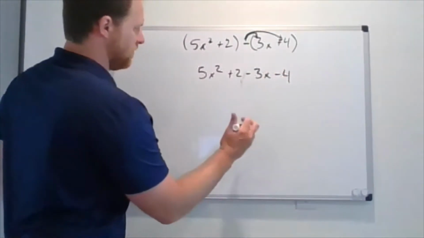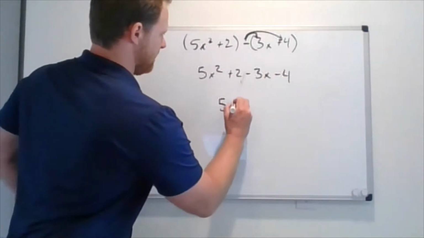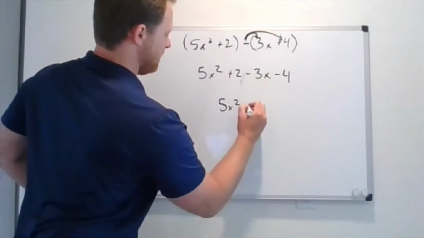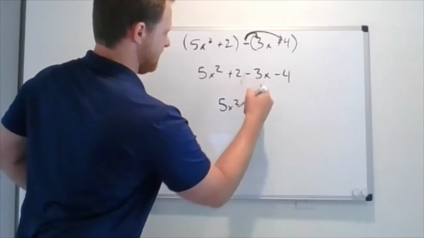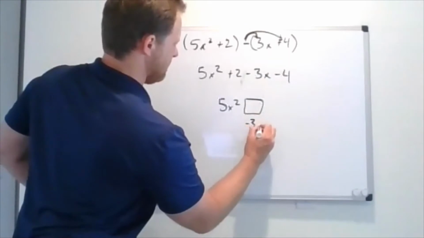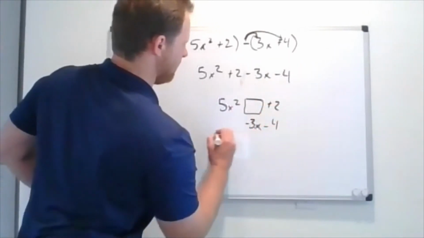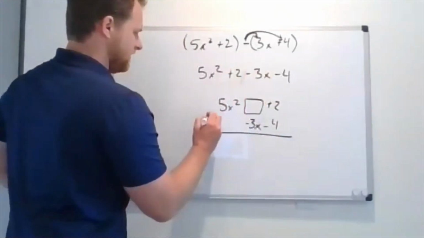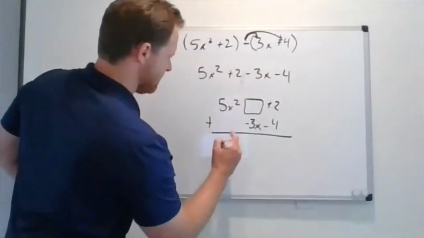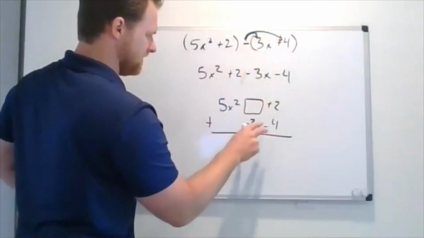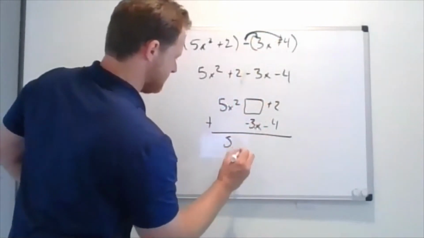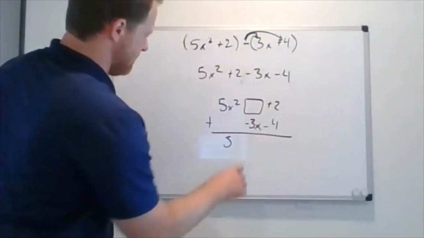So I'm going to put this in vertical form. 5x squared. And then I have a little blank here because I have an x there. And then I have a plus 2 and a minus 4. So then looking at this, I'm going to add this straight down because I've already applied that negative, so that's already set. That looks good. Let's try that again.